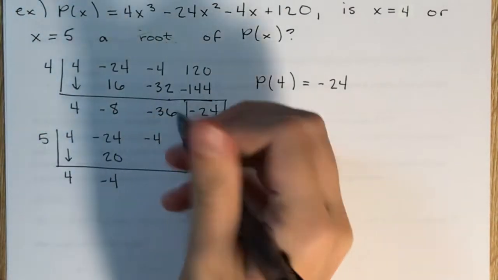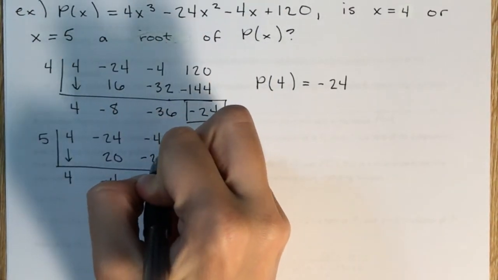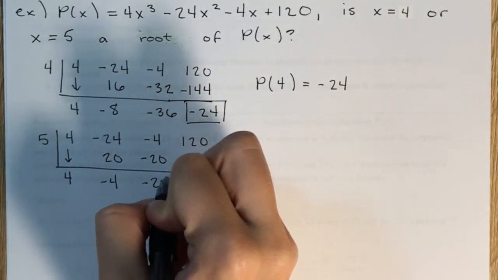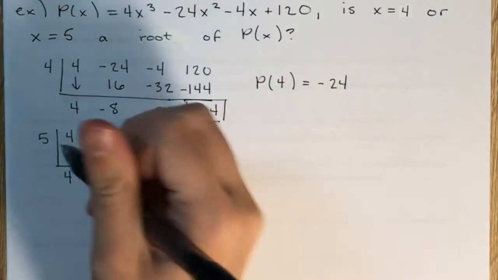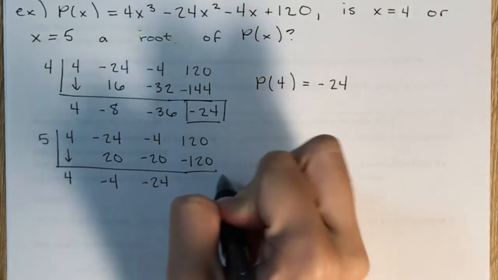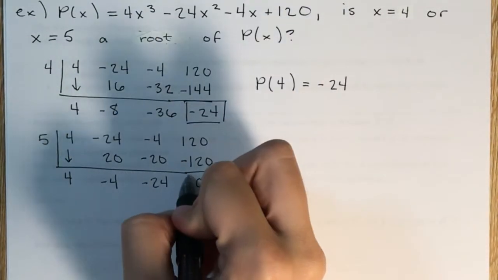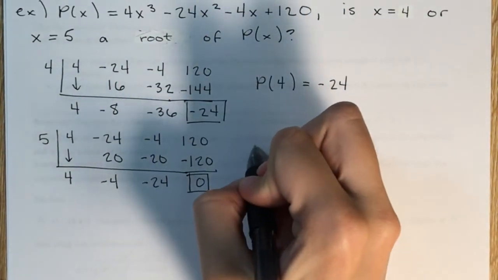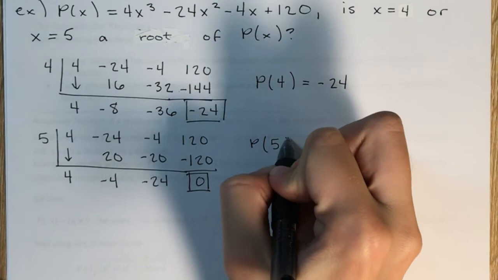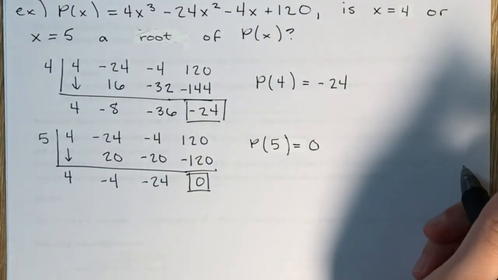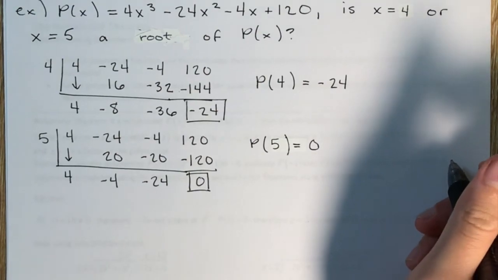We multiply, again we get negative 20. We add these up, we get negative 24. We multiply negative 24 by 5, and we end up with negative 120, which brings us to 0. This is our remainder. So we have p of 5 equals 0, which means that 5 is a root.